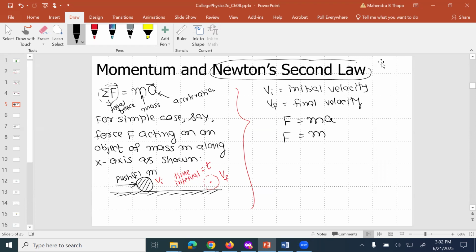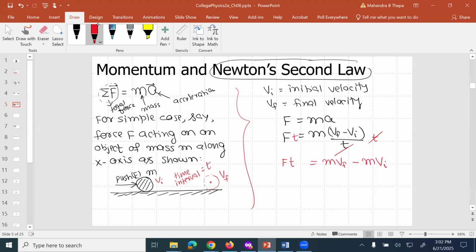By the definition of acceleration, a is V final minus V initial over the time interval t. I will multiply both sides by t, so this t cancels out. So I get F times t equals m times Vf minus m times Vi.